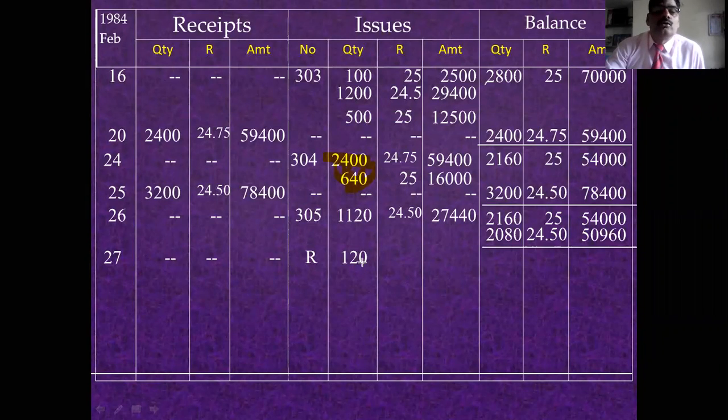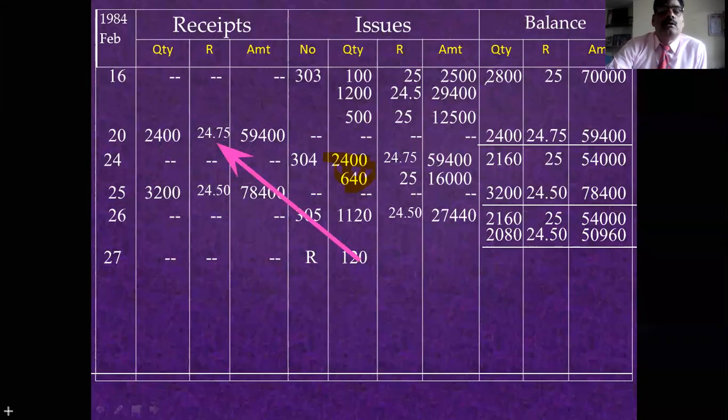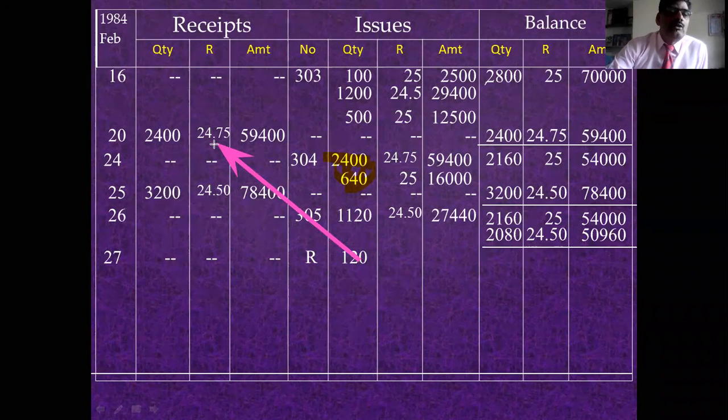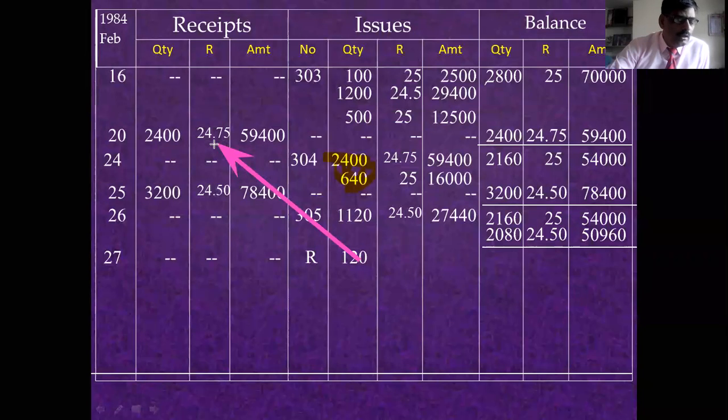For this, you have to see the 20th February rate. You see this. At the rate of 24 rupees 75 paisa you purchased. 120 is return. It is purchased on 20th February.